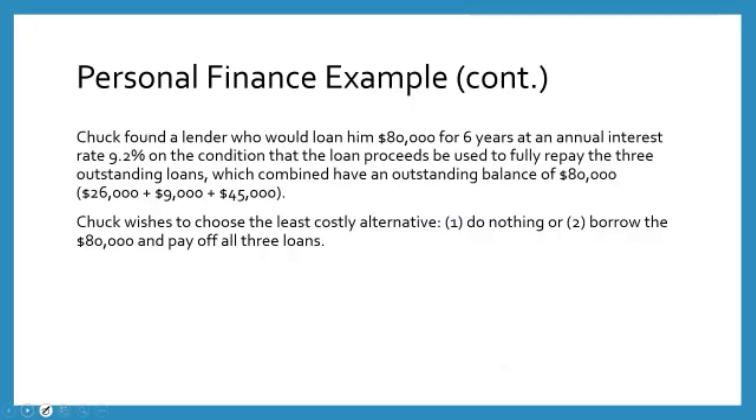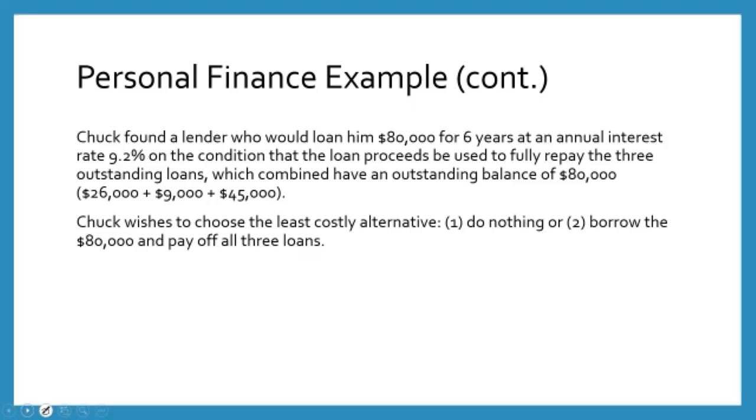So we bundle the loans into one loan at 9.2%. Have you heard about consolidation? It's on the condition that the loan proceeds be used to fully repay the 3 outstanding loans, which combined have an outstanding balance of 80,000: the 26, the 9, and the 45.